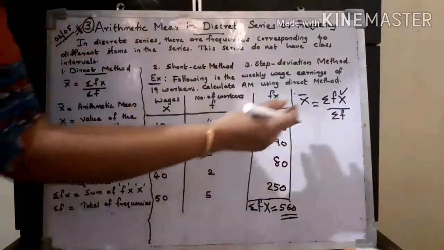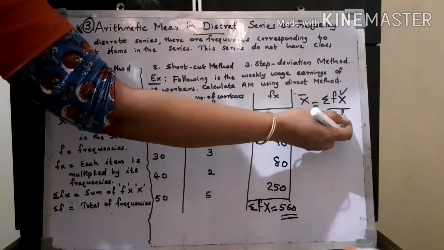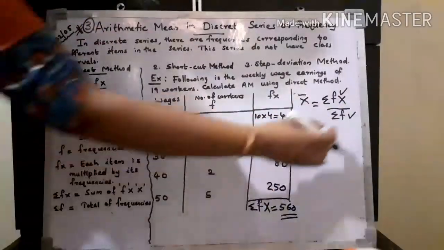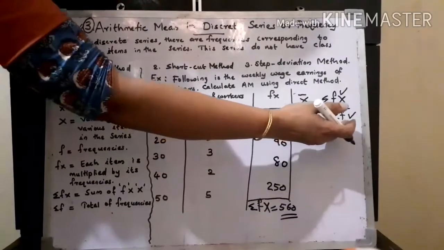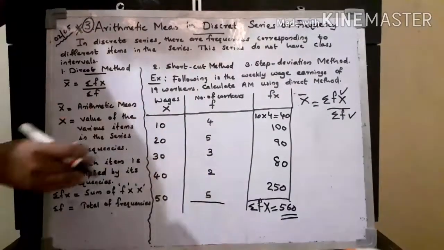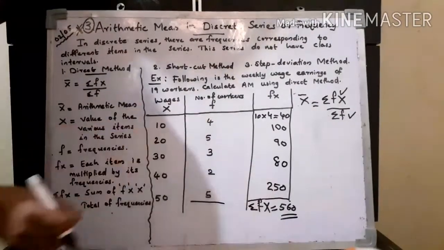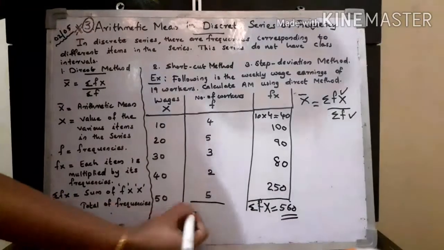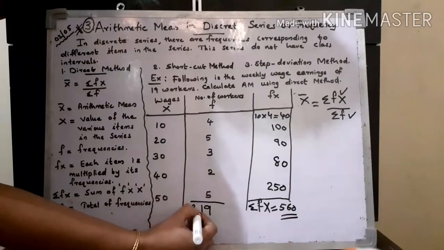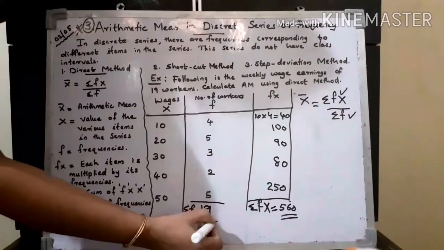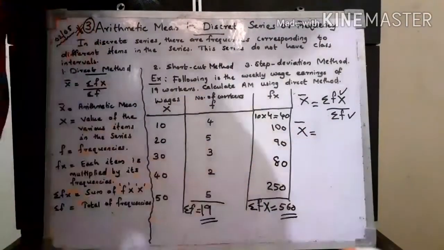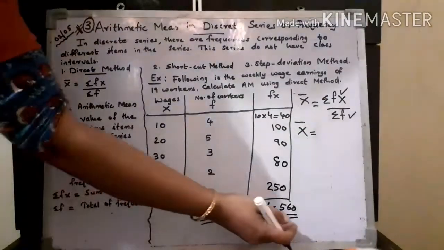Then next, as per the equation, we have to calculate sigma f. Sigma f is equal to the total of frequency. The frequencies are given in the question. Adding each of these frequencies, that is 19. Sigma f is equal to 19. Then x bar, the arithmetic mean, is equal to 560.